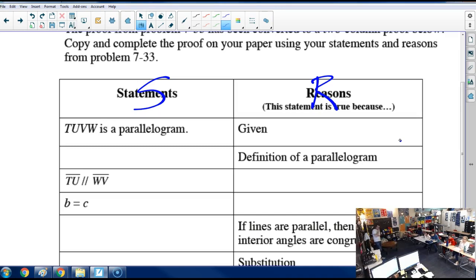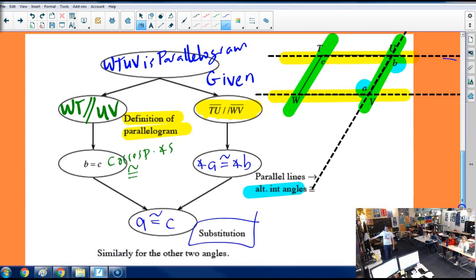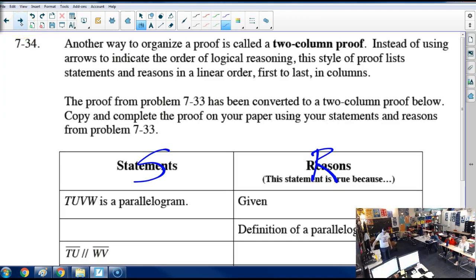Definition of a parallelogram. And here is where we can do two-column proofs even more efficiently. When we were on the flow chart, we said WT and UV.